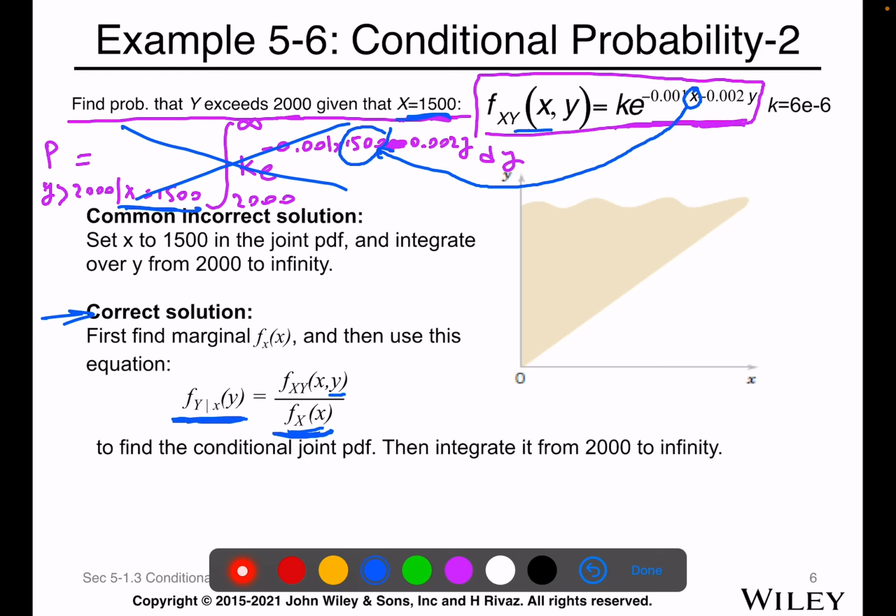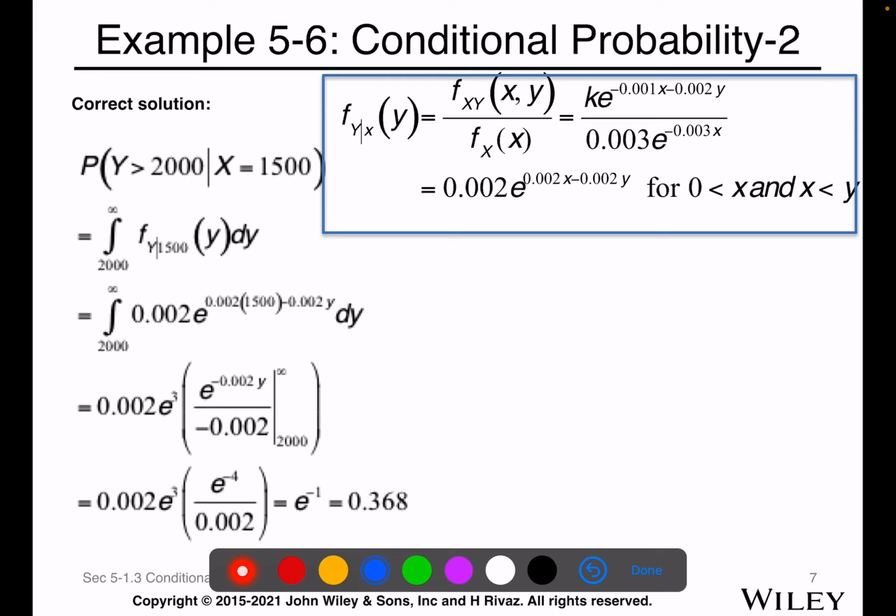So I will try to explain intuitively why this is wrong. Why, even though we know that x is 1,500, we can't simply plug x equal to 1,500 in this equation. So this is what we just did. First, we calculated f of y given x. And for that, we had to calculate f of x, which was this.